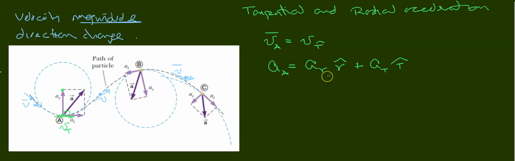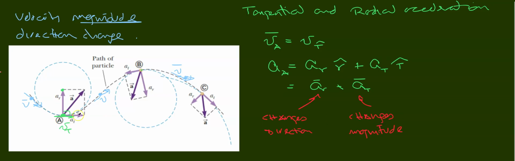That's only one possibility for the notation. This can also be written as a radial vector plus a tangential vector. So whatever notation you choose to use, it is equivalent. What is important to understand is that this component is what changes the direction while this one changes the magnitude. So the total acceleration vector will be at a certain angle.